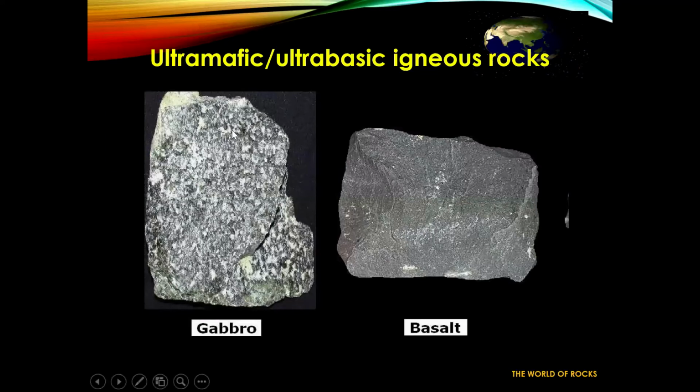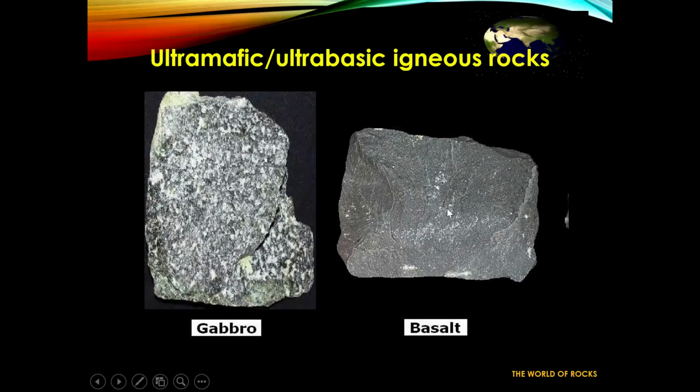Some mafic igneous rocks are given here. Gabbro and basalt are examples. Gabbro is an intrusive igneous rock. Basalt is an extrusive igneous rock. We can differentiate these two rocks because here the grains are very coarse.